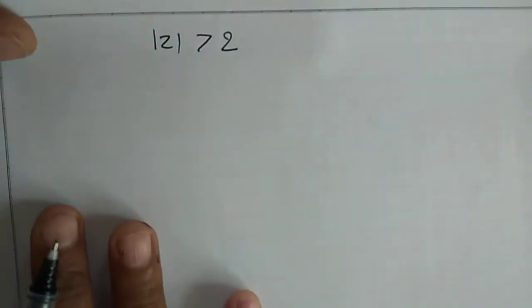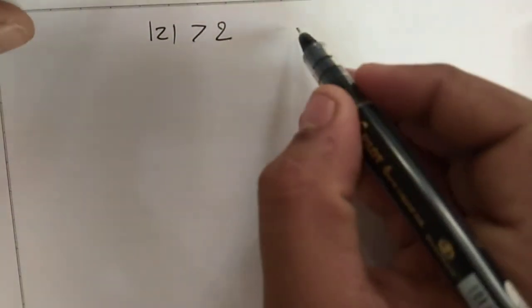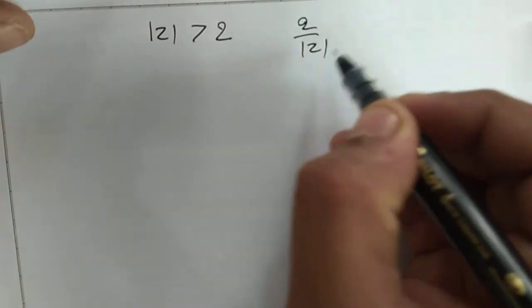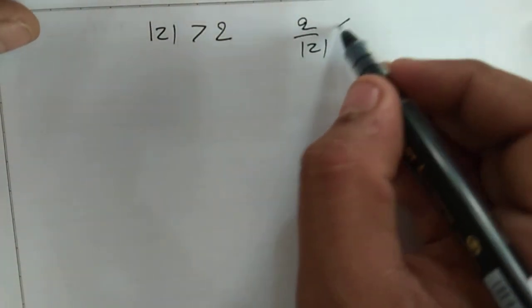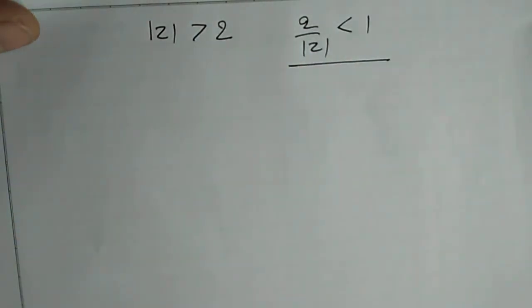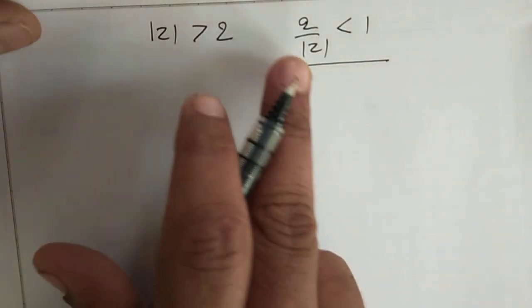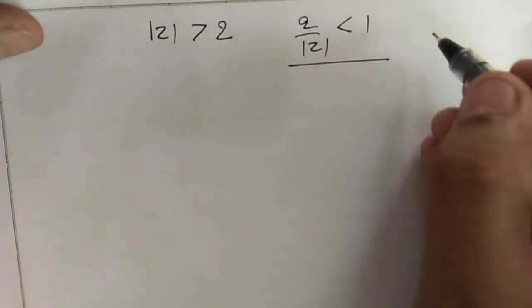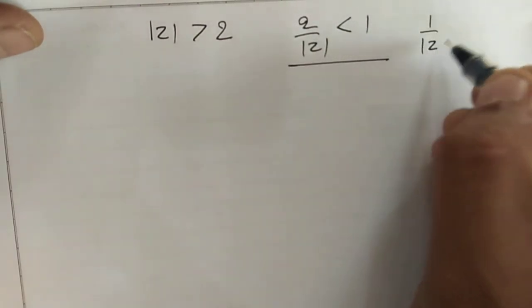And the last one, let us see the last region. What is given? |z| > 2. So |z| > 2 means 2/|z| < 1. In both the terms we have to use 2/|z|. If 2/|z| < 1, then 1/|z| is also less than 1.